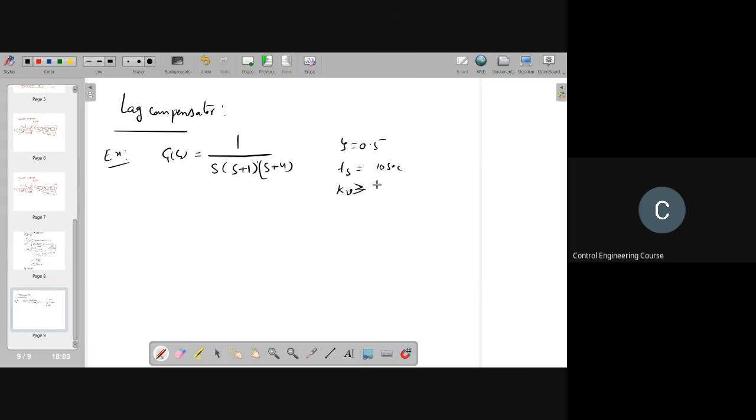Kv is greater than 5 per second. So these are your specifications. Now you have to design a lag compensator to satisfy these conditions.